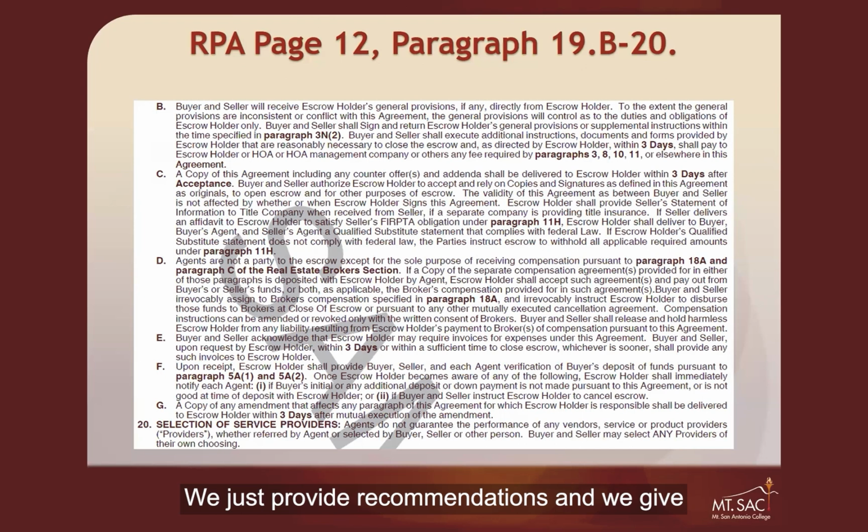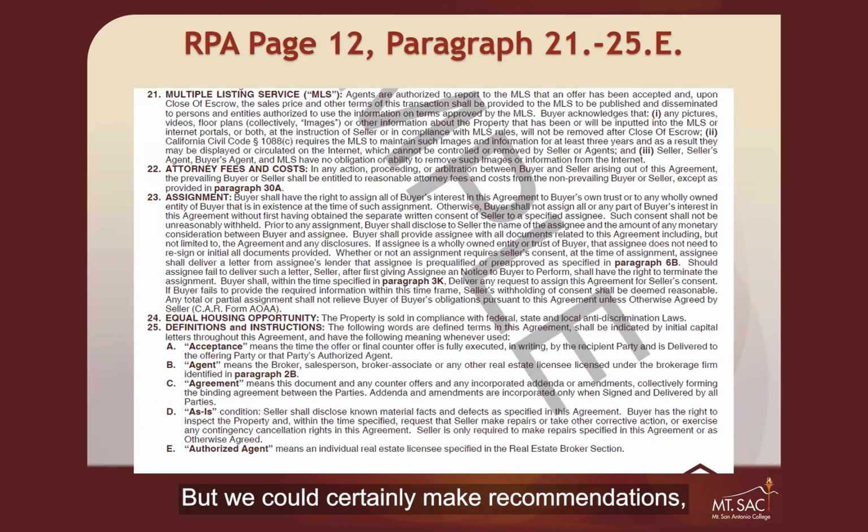We just provide recommendations, and we give good recommendations in good faith based on our experience with these companies. And of course, our buyers and sellers depend on our recommendation. Just remember, ultimately it is the decision of the buyer or seller who they want to use, but we can certainly make recommendations, and you're encouraged to do so.